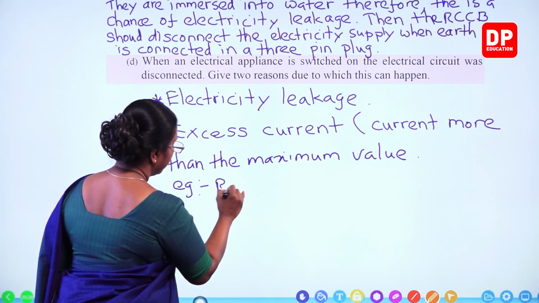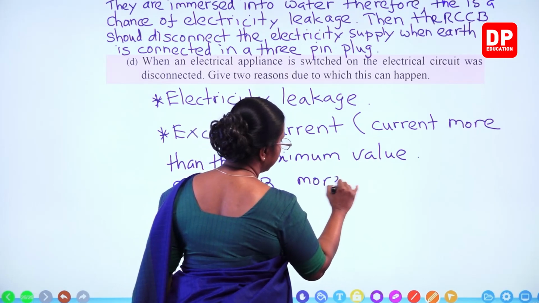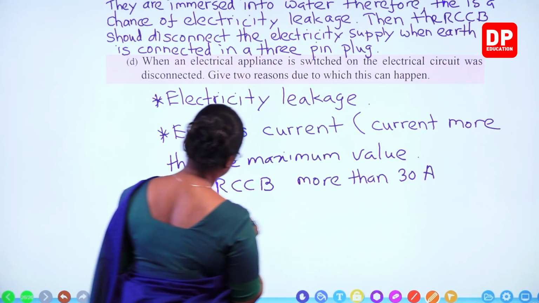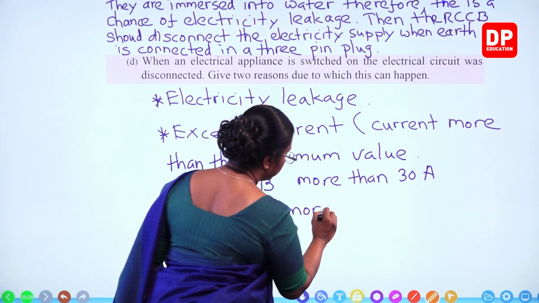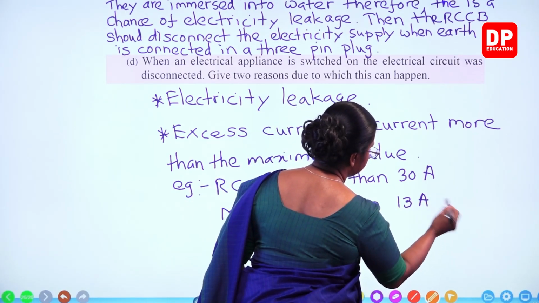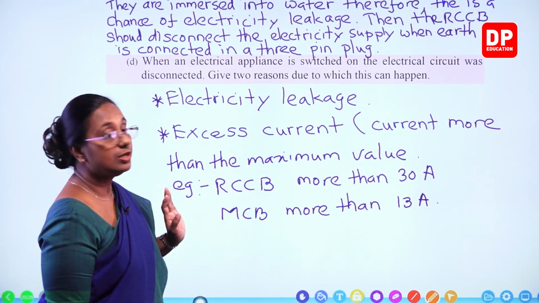Example, RCCB more than 30 amperes, MCB more than 13 amperes. Now this, of course, students, it's not a must to give the value of the current.